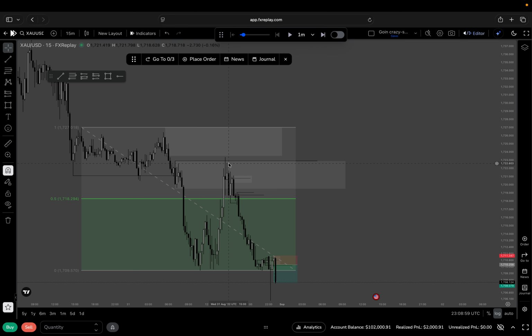But let's get right into it. So figure out our external range. Kind of remember this price action here.